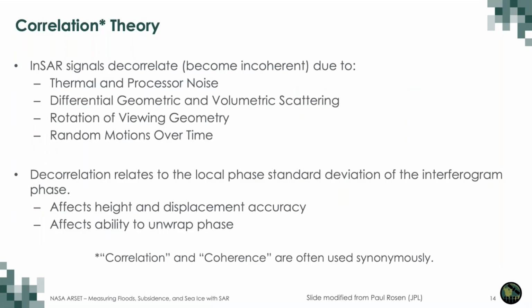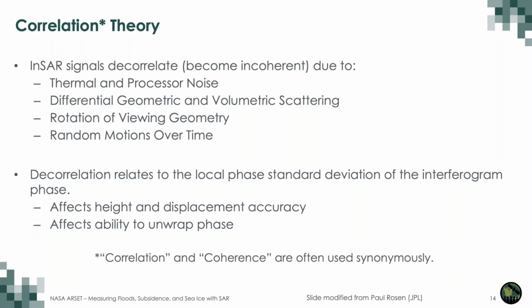The other important thing is what we call the correlation or coherence of the radar. We measure the coherence by doing correlation, which is just looking at how correlated the phase is for pixels that are nearby. The InSAR signals become incoherent due to a number of processes.